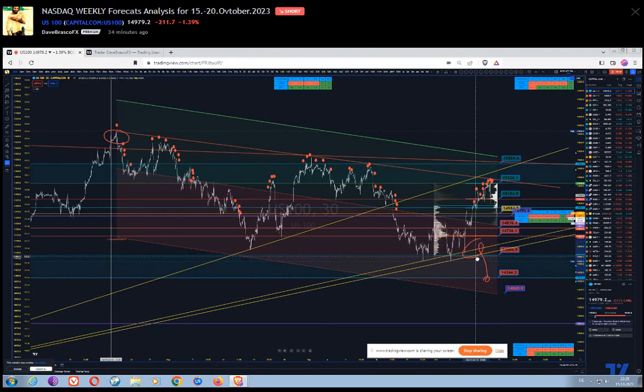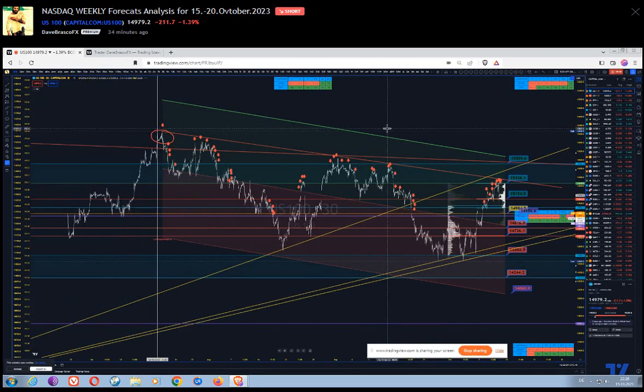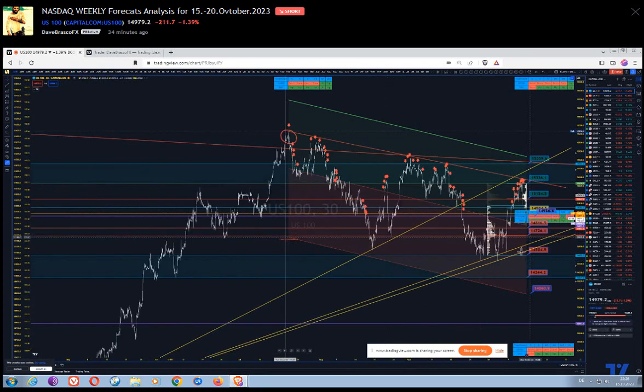At the same time, if NASDAQ breaks 14,244 this time to reach 14,060, it will mean that we have broken a very important support.